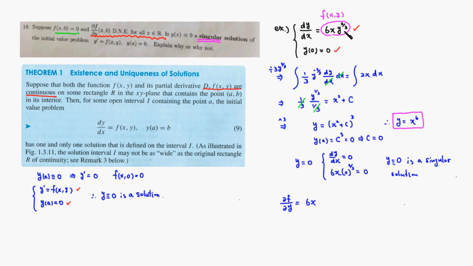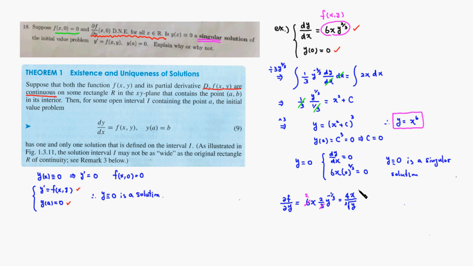And the partial derivative of y to the 2/3 power: we put the 2/3 in front, and subtract 1 from the power, so it's negative 1/3. Then we can cancel 3 and 6, so that's 2. So we end up getting 4x over the cube root of y, since the cube root is the negative power of y.